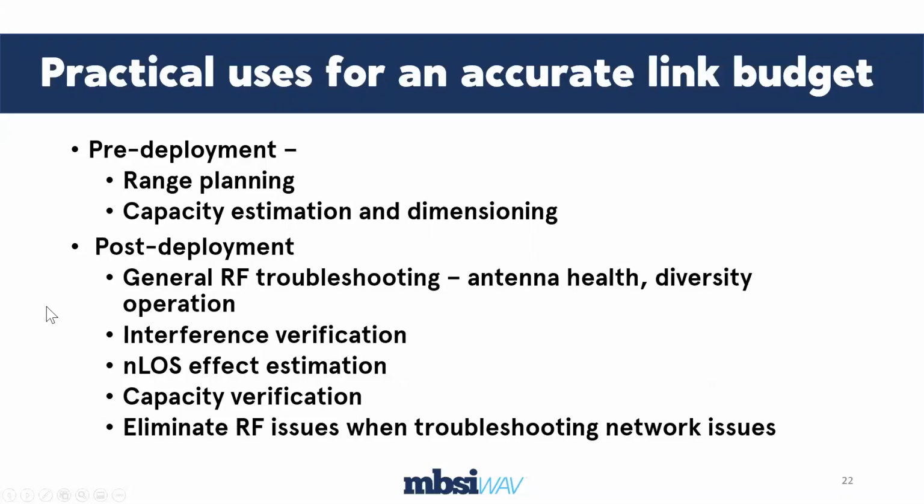Post-deployment, the biggest use of the link budget is for RF troubleshooting. If I have an antenna and I suspect that it's had some water in the antenna cable or something like that, my signal levels have dropped off, maybe my throughput has come down, I can rerun my link budget for that specific CPE or that specific situation, and know that if I meet my link budget, then my RF is okay.